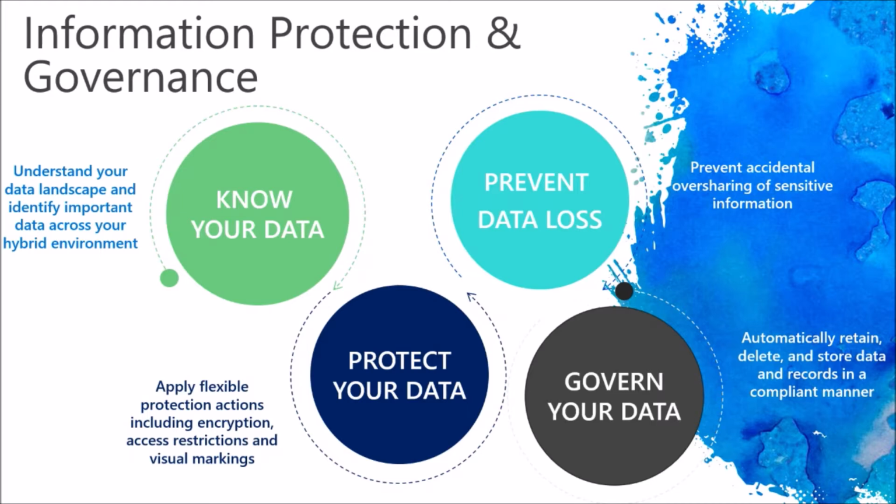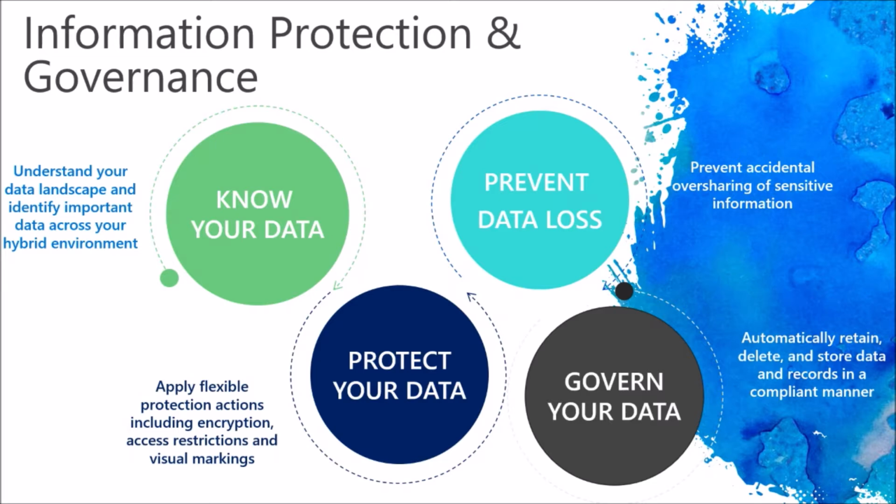Now, once that data has been stamped with a sensitivity label, what we can do is apply appropriate policies to protect it where it is. And this should be automatically applied to that data as well. And that might include several protective actions like encryption, restricting access rights, applying visual markings, retention, and so on.